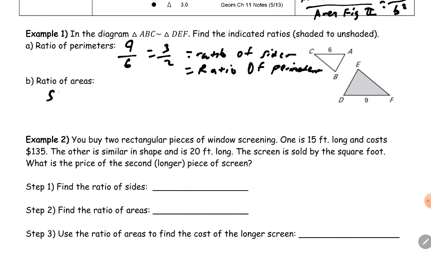Ratio of areas, so we're doing shaded. Remember, this is A squared over B squared. So 3 squared over 2 squared is 9 over 4. So the ratio of areas is 9 to 4.